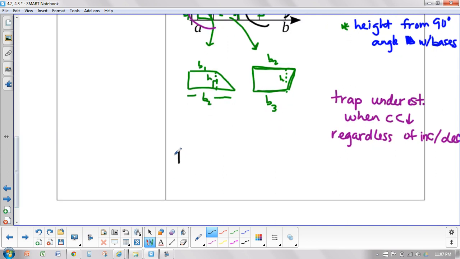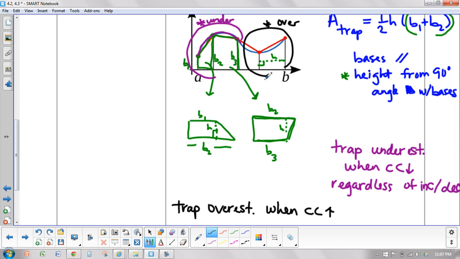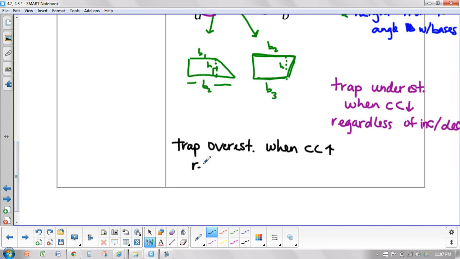And so trapezoids overestimate when you are concave up, regardless of whether you're increasing or decreasing. If you take a look at this segment, I'm decreasing in concave up and my trapezoid's too big. Now I'm increasing in concave up and my trapezoid is still too big, regardless of increasing and decreasing. Okay?